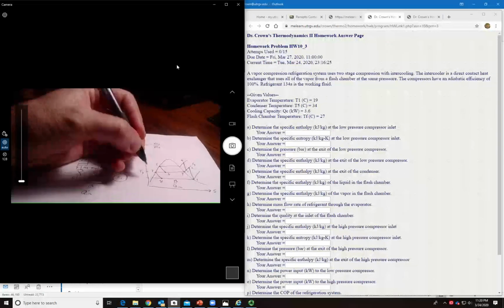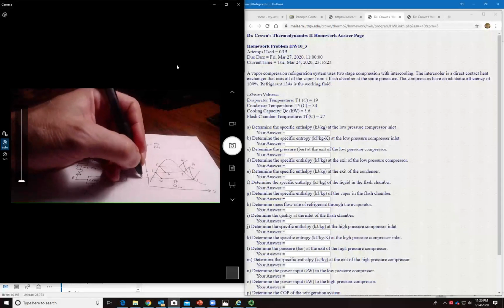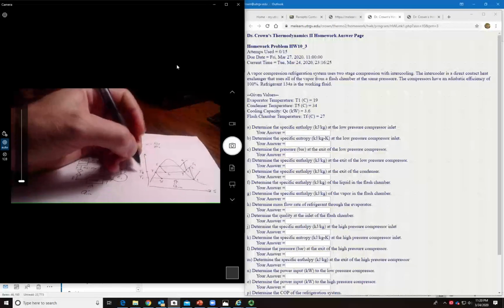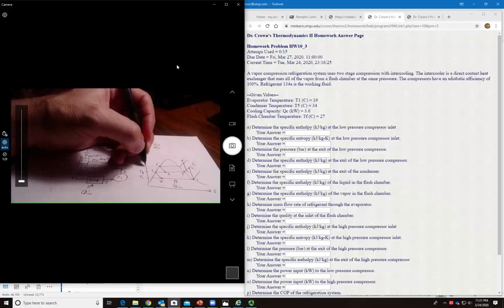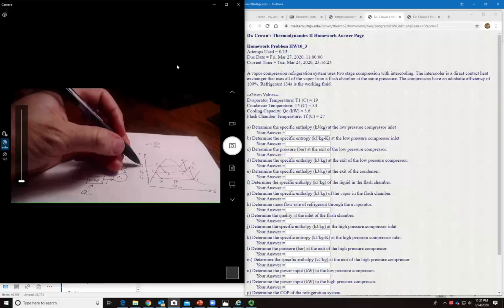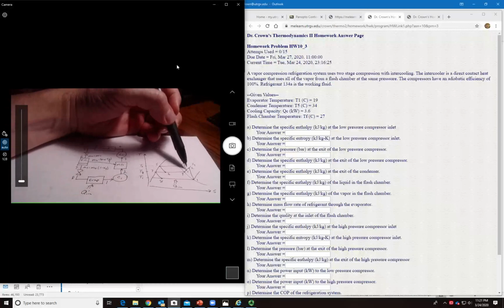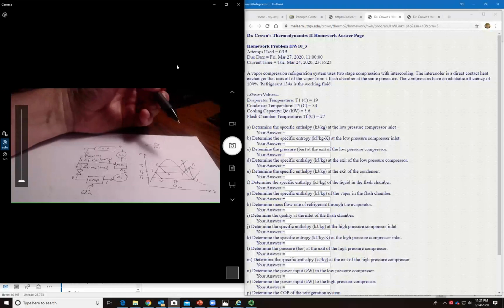And we have the temperature at state 1, which is the same as T8. So we have T1, T7, and T5. So from T1, T7, and T5, we can get P1, P2, P3, P9, P6, and P7. They're all the same pressure. And from T5, we can get P5 and P4.